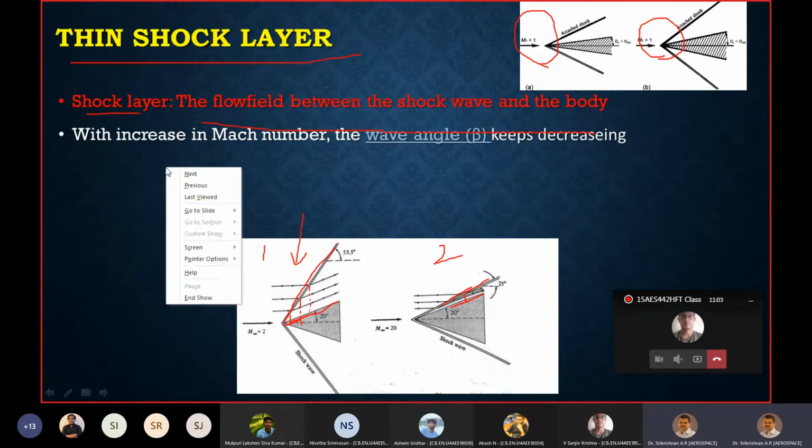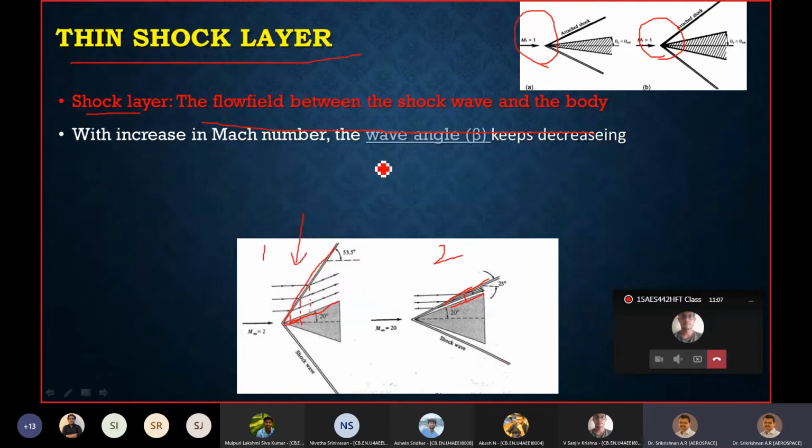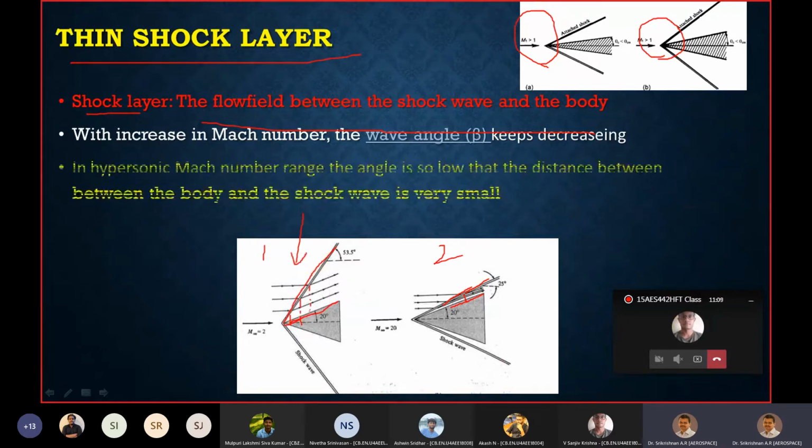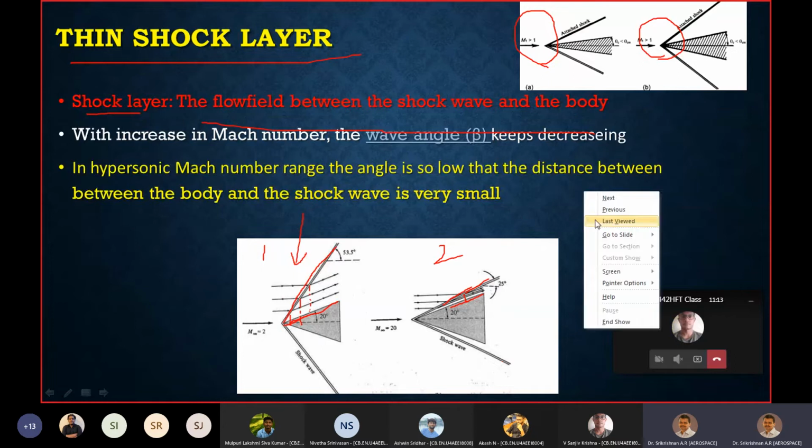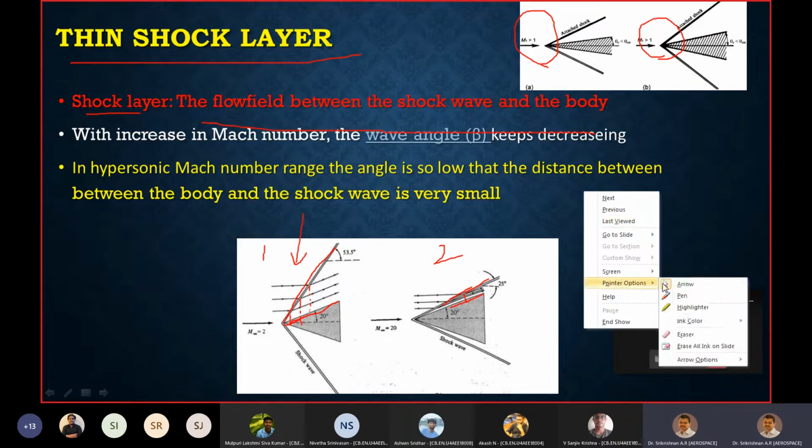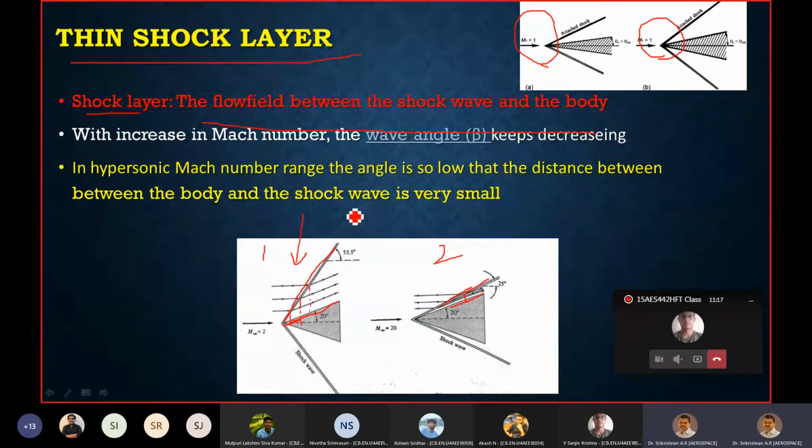What is stated here is that when there is an increase in Mach number, the wave angle keeps reducing, which means that in hypersonic flows, since we are invariably dealing with high Mach numbers, the wave angle will typically be low. So the distance between the body and the shock wave is very small.